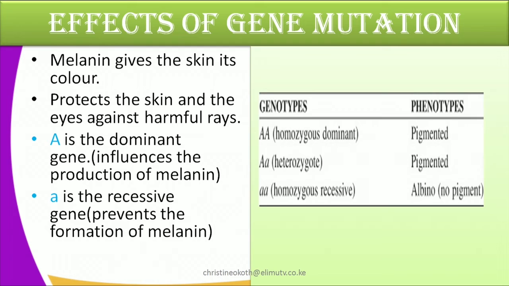Heterozygous is different: this person has a genotype showing a capital A and a small a. On the phenotype you cannot tell, it is seen on the genotype. Then the last type of genotype is the homozygous recessive. This is a person who has no pigment. This is the albino. He has the recessive type, that is all of them the small a.